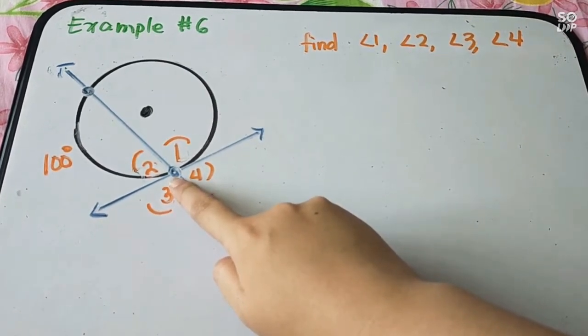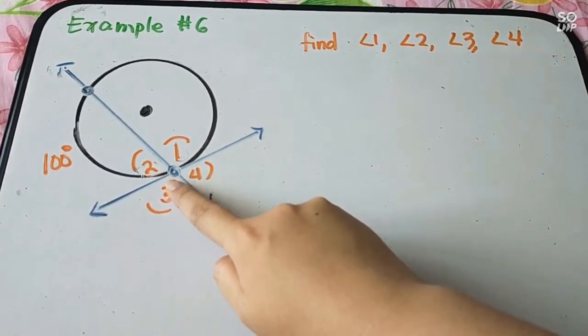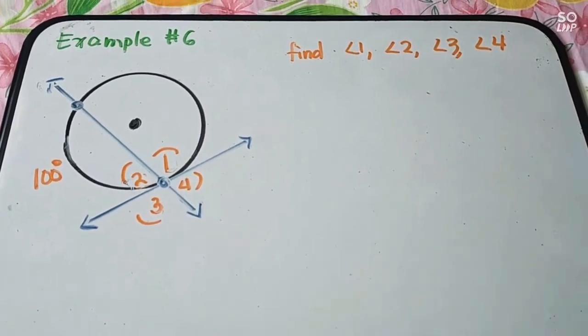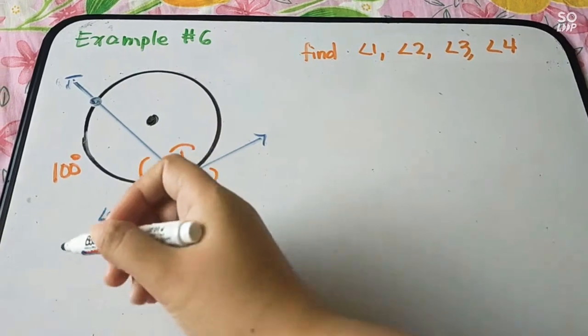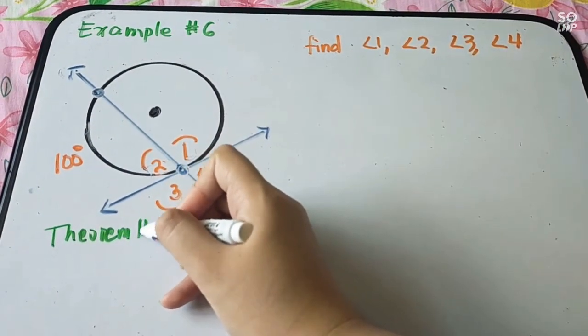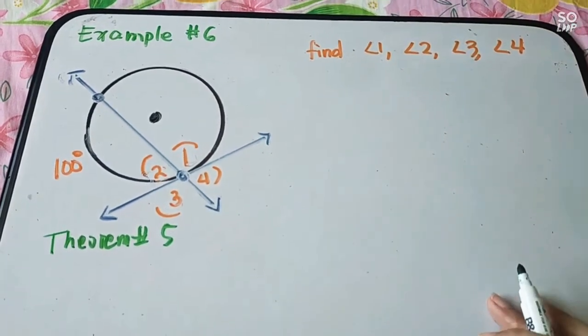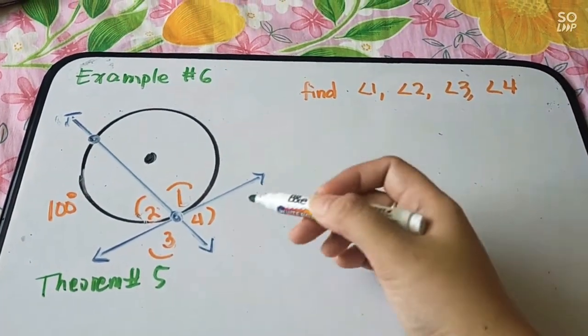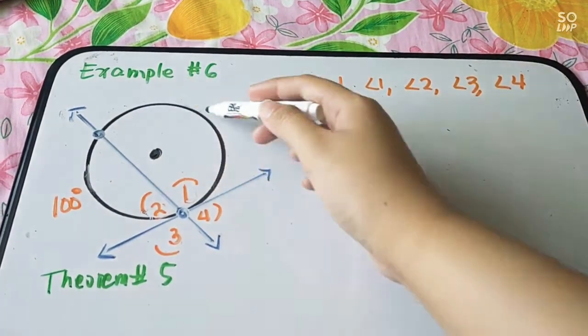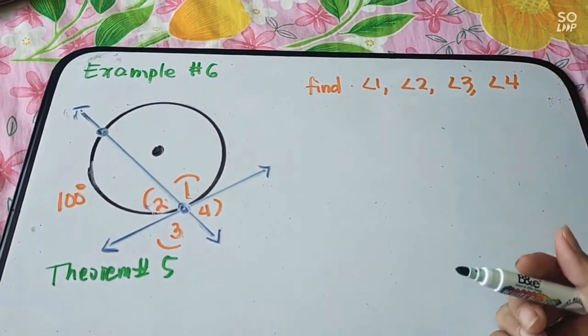So, dun sila nag-intersect sa mismong circle, yung point of tangency nila. So, this one is theorem number 5. Yan. So, ito yung angle na form ay 1/2 nitong intercepted arc niya.